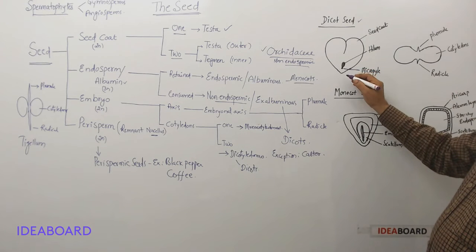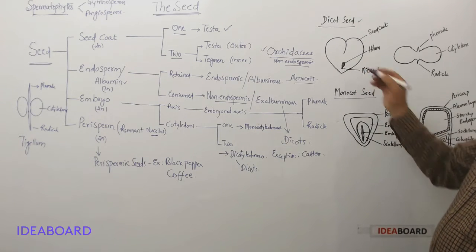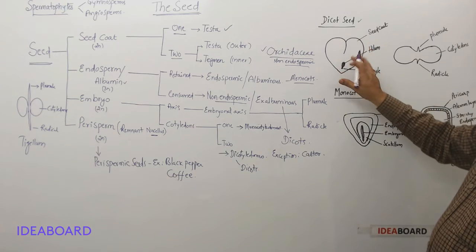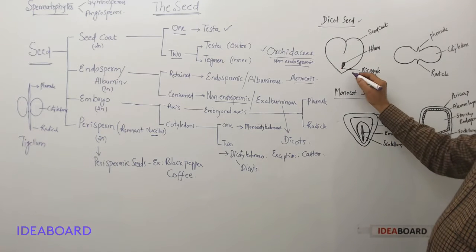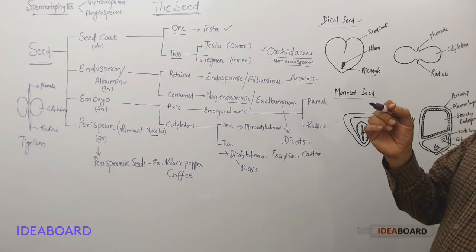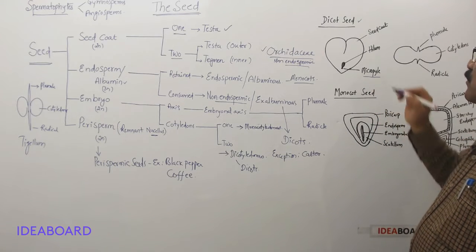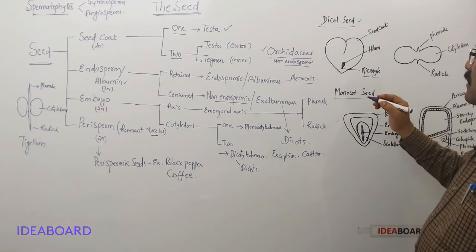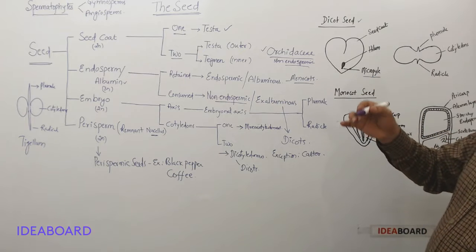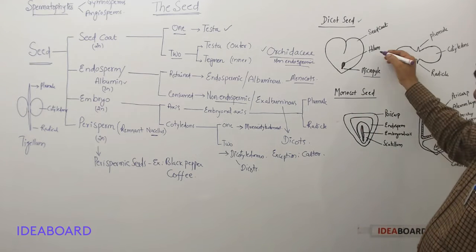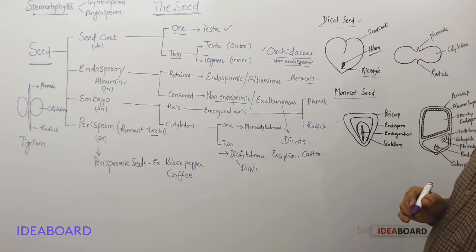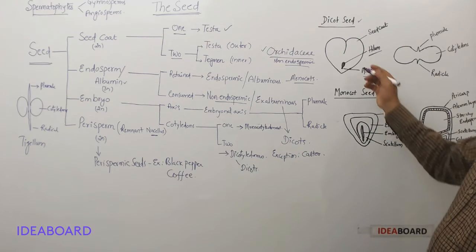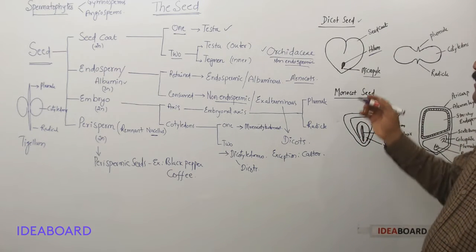So this is chickpea or Bengal gram, and you can see here this is the external view of the seed, and you will find one small pore, which is the micropyle of the seed, and you will find one scar here, and that scar is the place where the seed is attached to the placenta, and that is called hilum. The place where the seed is attached to the placenta is called hilum, and it is represented by one mark or scar. That is what hilum.